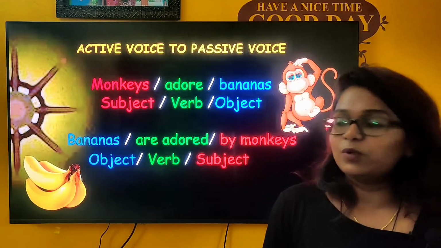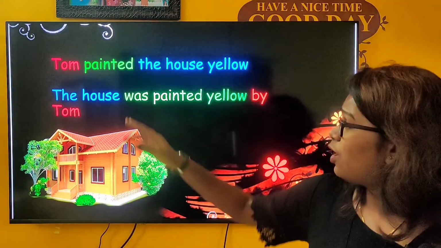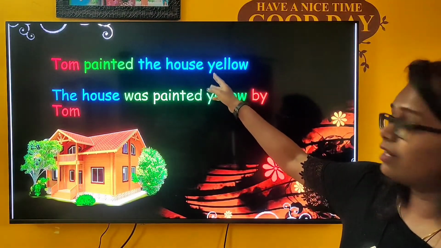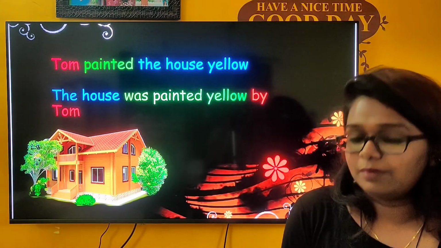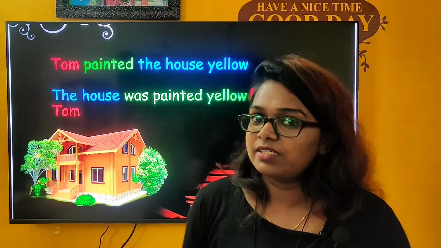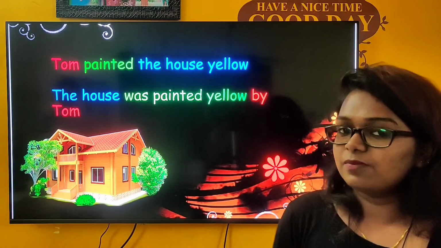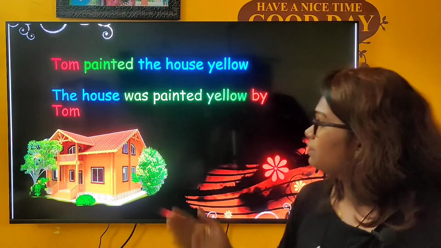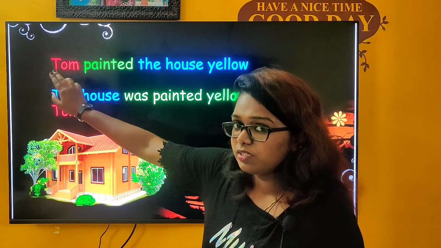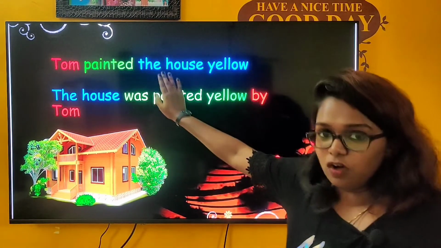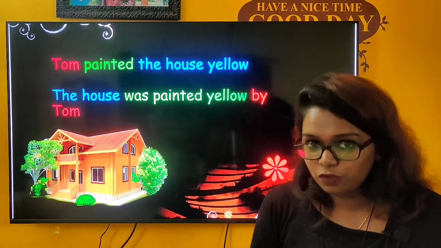The next example is, Tom painted the house yellow. By changing it from active voice to passive voice, the past participle "painted" is very important. We just have to see the subject, verb and object, and interchange the subject and object as I told you before.